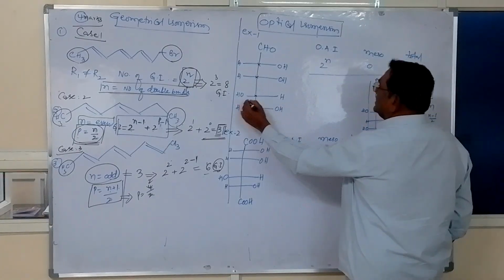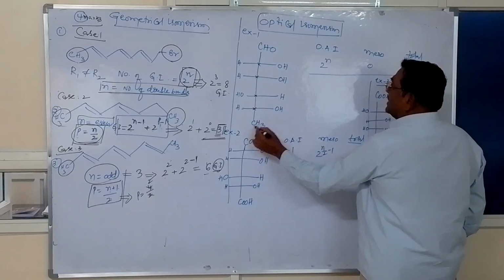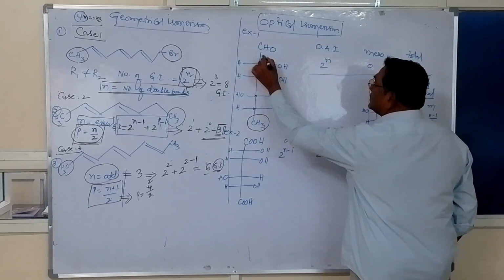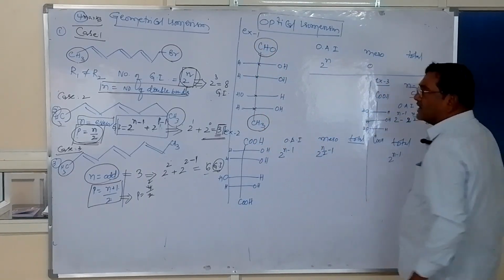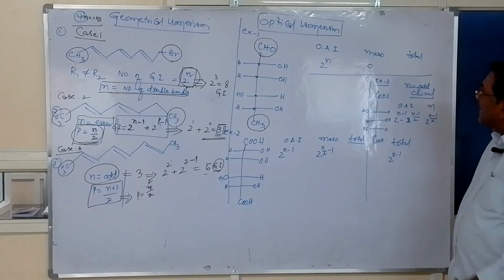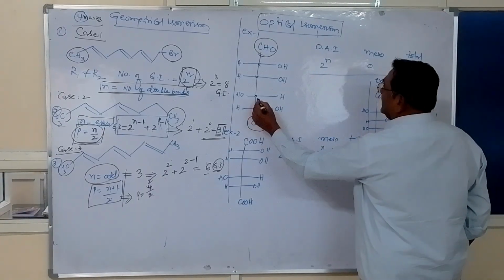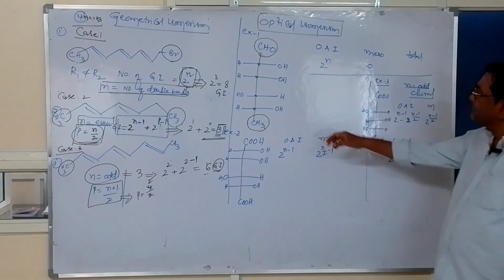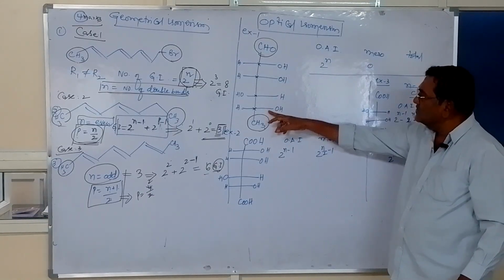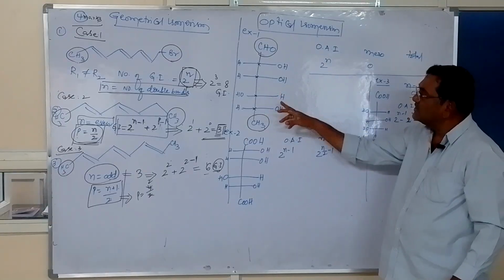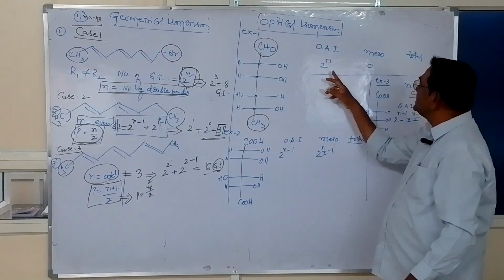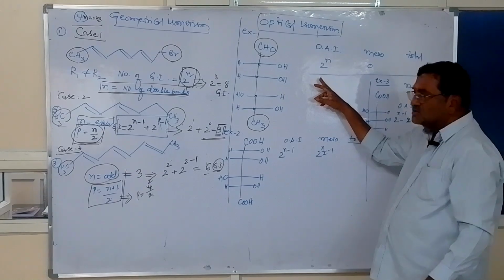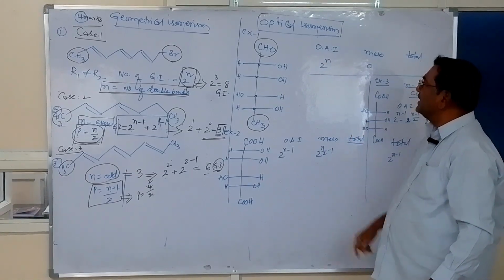See here, children, in the first case the two terminals are different, whatever n might be. When the two terminals are different, the formula is like geometrical isomers, 2 to the power n.